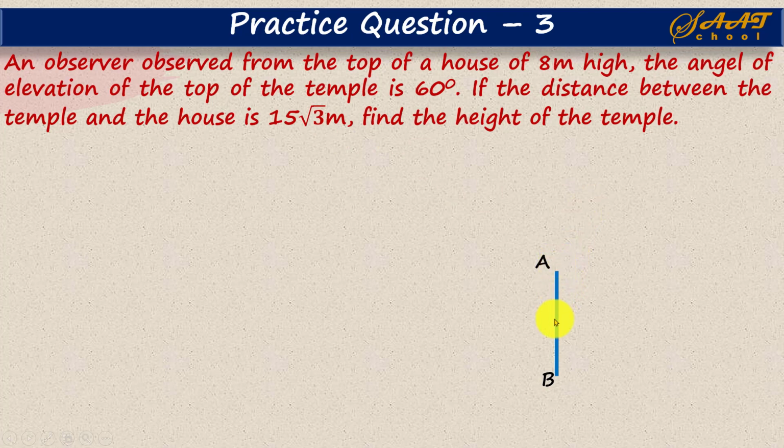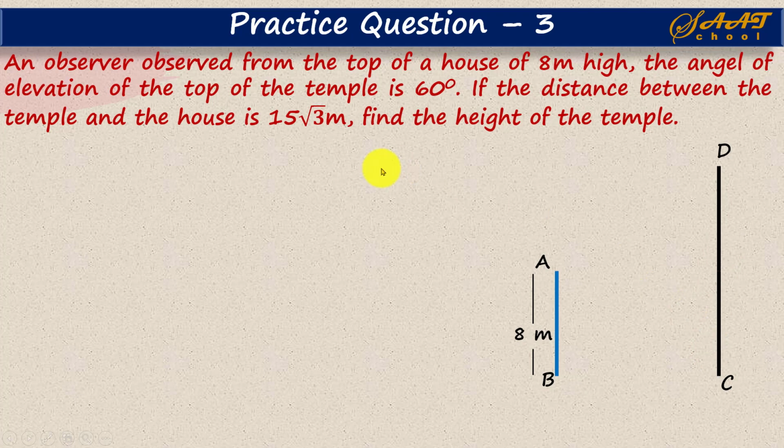Let's suppose AB is the house, and the given height is 8 meters. This is the house AB. The height of the house is 8 meters by given. Now we have the temple. Let's suppose CD is the height of the temple.